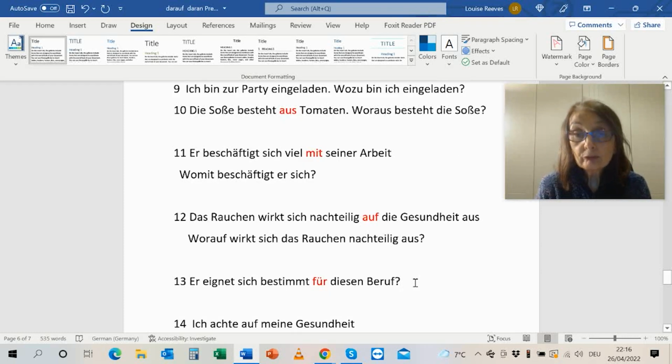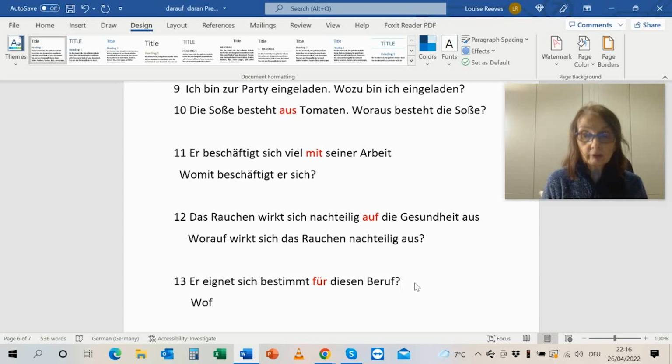Er eignet sich bestimmt für diesen Beruf. He is suitable, certainly or definitely, for this job. So then we have wofür eignet er sich? What is he suitable for? Für diesen Beruf. Alles klar?